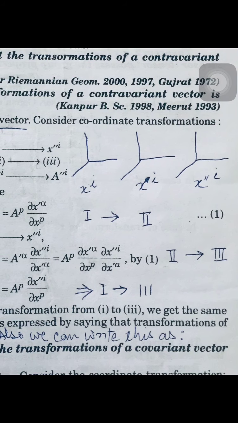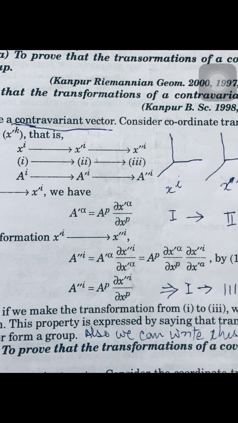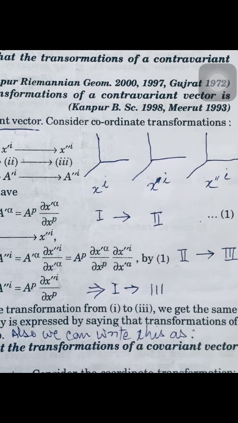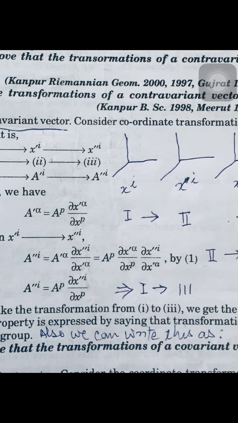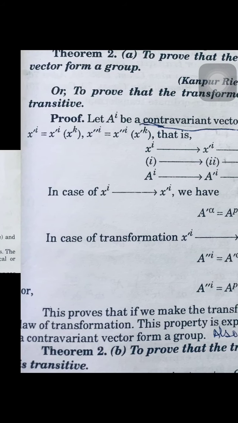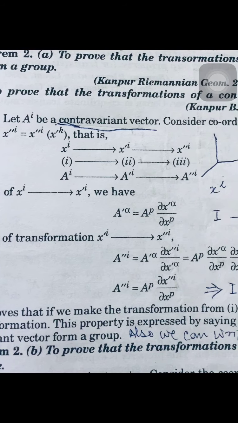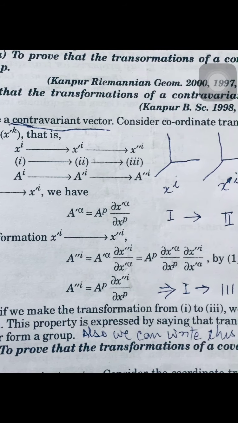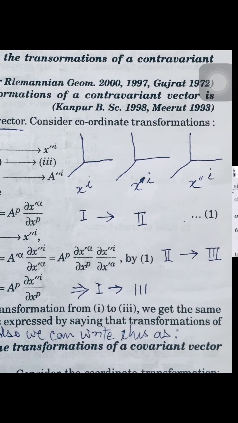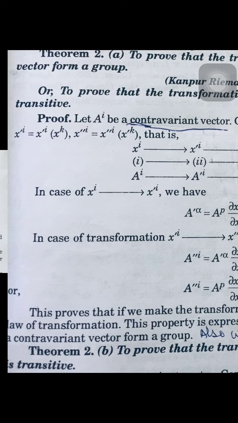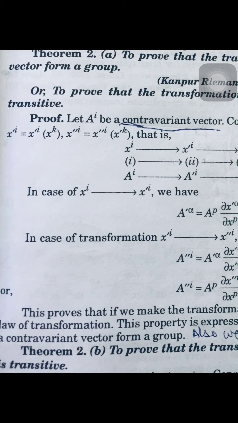So by this property we can say that if we make the transformation from first to second and the same transformation from second to third, and we receive the transformation from first to third, this property is expressed by saying that transformations of contravariant vectors form a group.